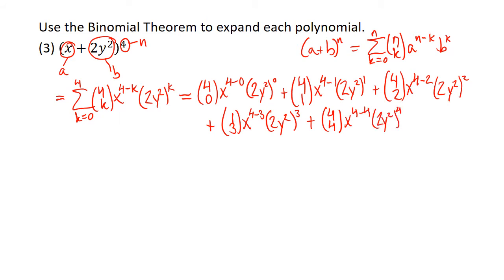All right, and now I just need to simplify all of these exponents and coefficients, distribute the exponents, figure out what these choose expressions stand for.